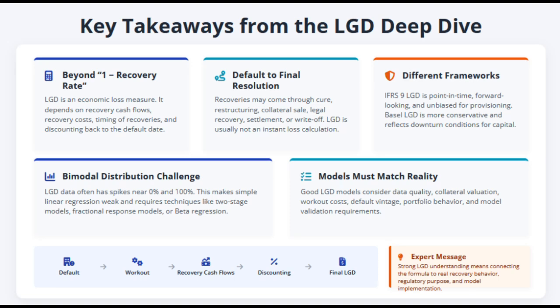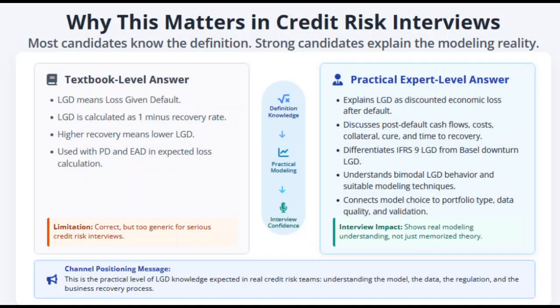We also discussed the bimodal distribution challenge. It requires specialized techniques like beta regression, fractional response models, or two-stage approaches. Advanced modeling techniques are also used in practice, from component based approaches to machine learning applications. So, those are the key takeaways from the LGD, and one can go through this for their credit risk interview preparation.